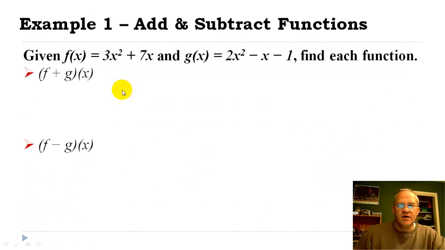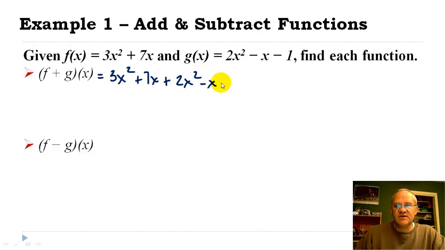First of all, addition. Here are two functions, f of x and g of x. Again, if we have f plus g of x, we're just adding the two functions together. So this will be f of x, which is this one, 3x squared plus 7x, and then we will add to it the g function, 2x squared minus x minus 1.